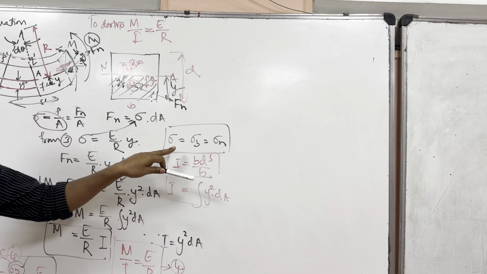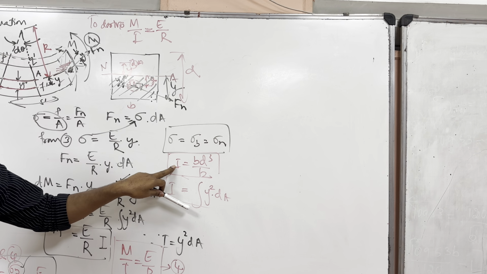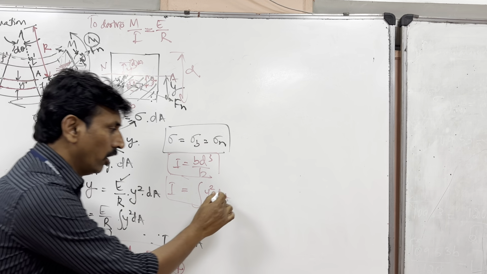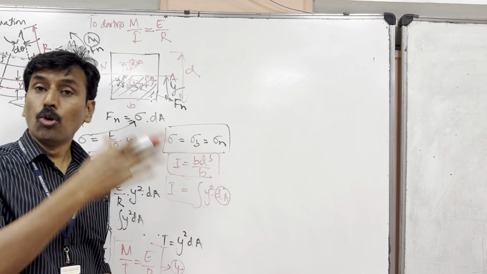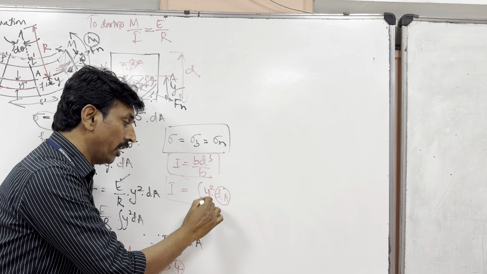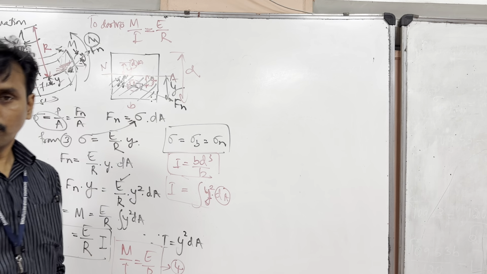Basically I am saying, if I say I is more, that means area is more, and more than that, the distance to that area is more, because it is getting y squared.